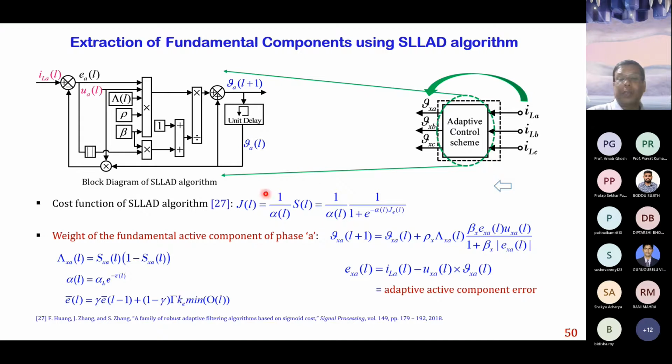So by using this, SL is defined here. Okay, SL is this one by e to the power this one. So we compute this, we update these active components, filter components. So this is the corresponding. So we measure these load currents. We get WXA. These are the weights, three weights for A, B, C phases.